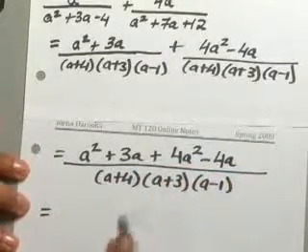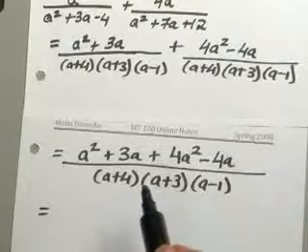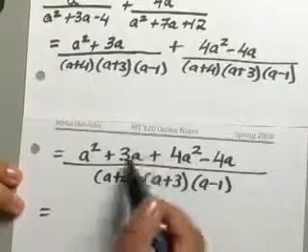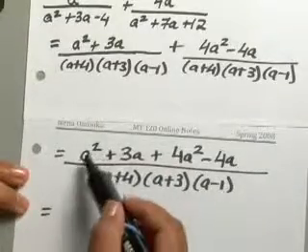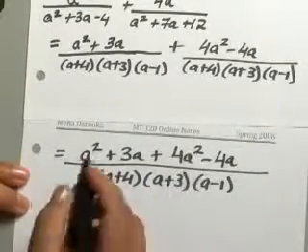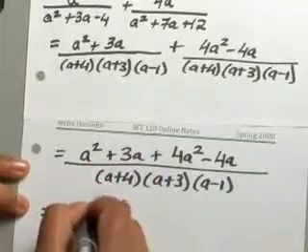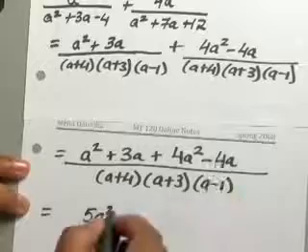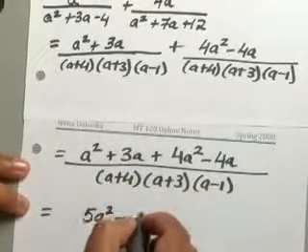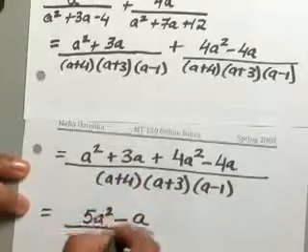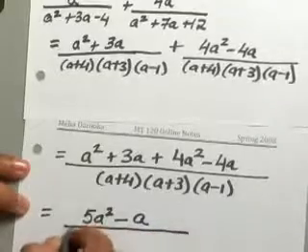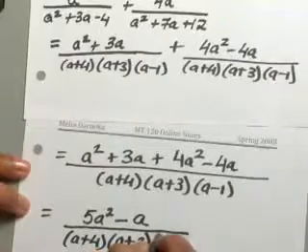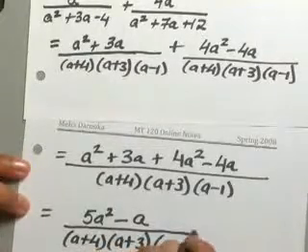Now all you have to do for your numerator is combine all your like terms together. You can add the a squared with the 4a squared, so that will give you 5a squared. You can add the 3a with the negative 4a. 3a minus 4a will just give you negative a. And of course the whole thing is over a plus 4, a plus 3, a minus 1.